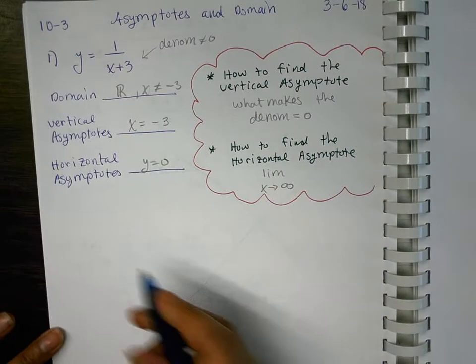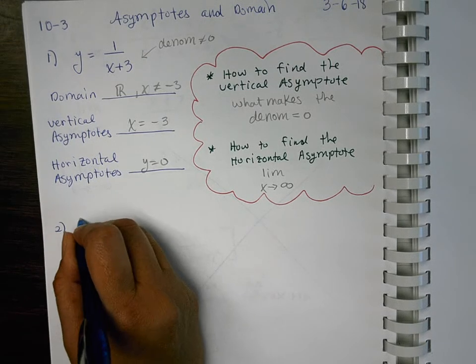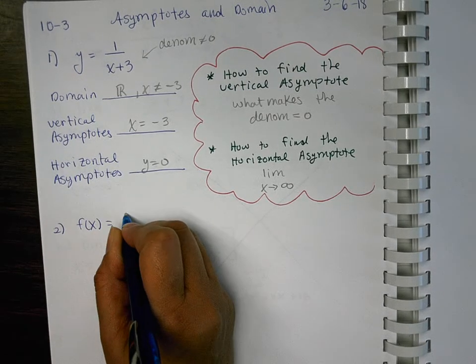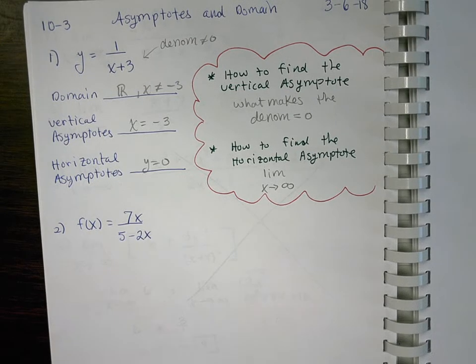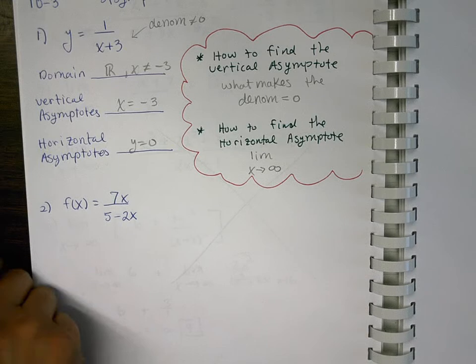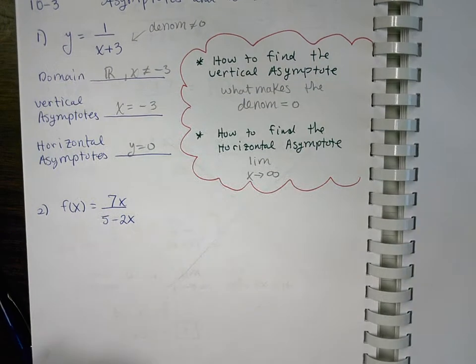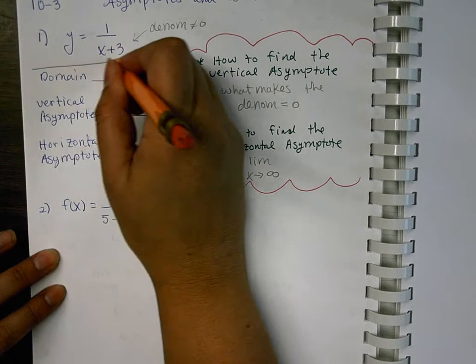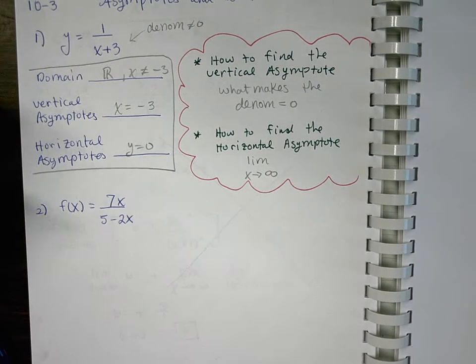Number 2. F of x equals 7x over 5 minus 2x. All right, and I'm going to box this in up here, because that is our answer. And I'm going to shorten all of this.